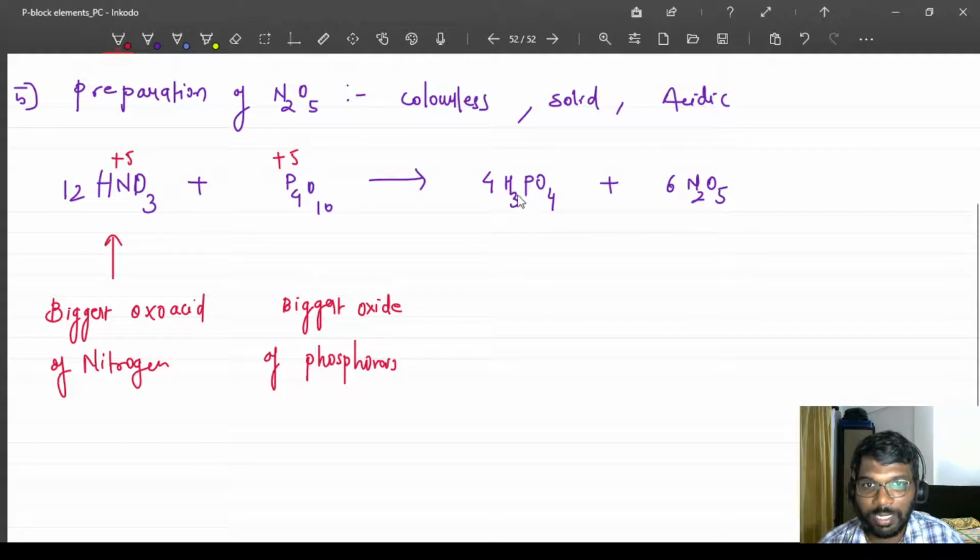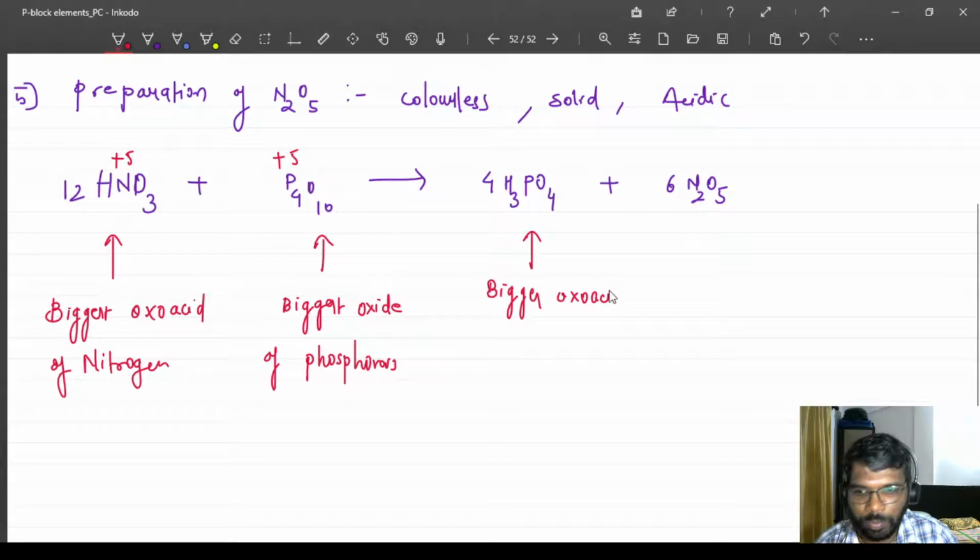Here it is the biggest oxo acid. Now both are interchanging. Here this is becoming the biggest oxo acid of phosphorus.